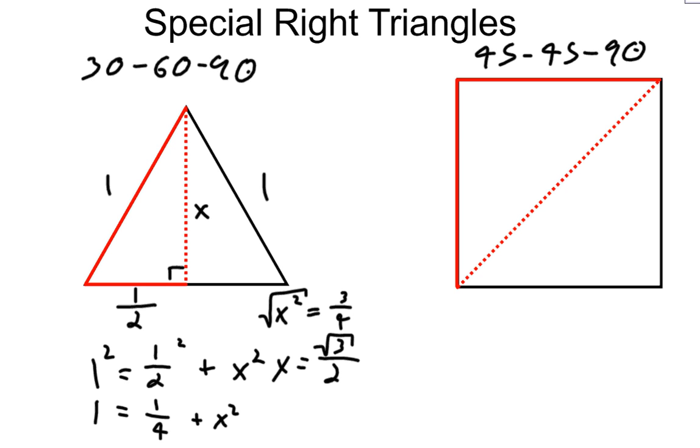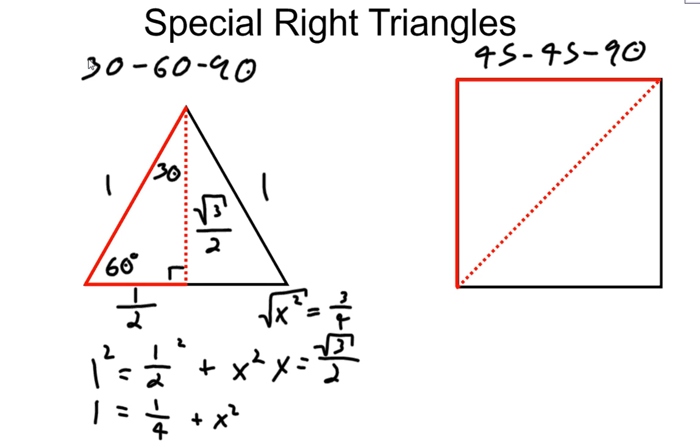So then I know that this side is square root of 3/2. And my angles here, because it was an equilateral triangle, I know this larger angle is going to be 60 degrees. I have my 90-degree right angle, since it was a perpendicular bisector, and this is a 30-degree angle.